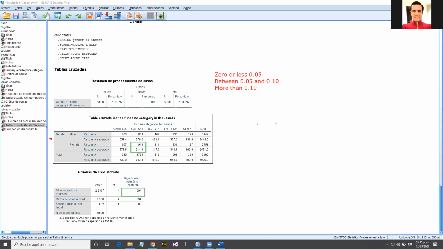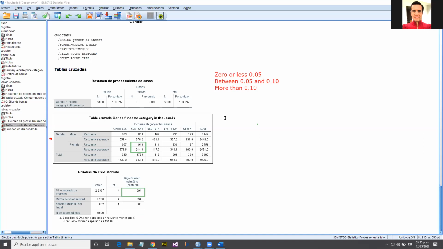Less than 0.05, this means 5%. Between 0.05 and 0.1, this means between 5 and 10%, or more than 10%. So this means less than 5%, between 5 and 10, and more than 10. And this percentage means the probability that I am wrong if I suppose that this is by chance.